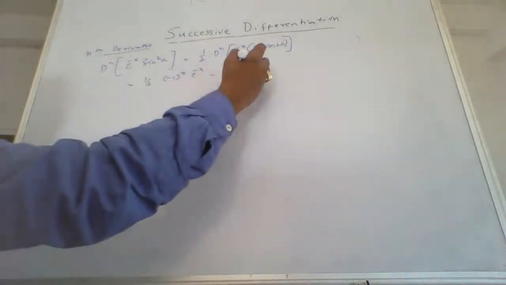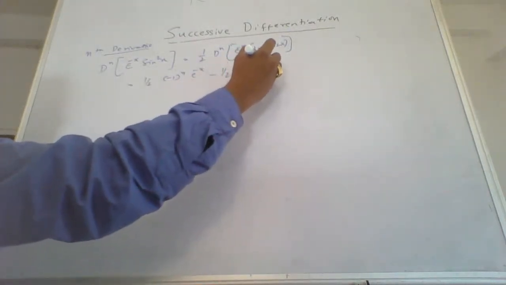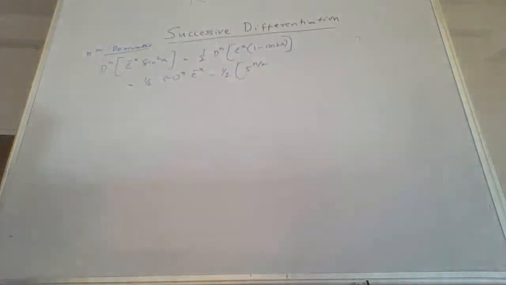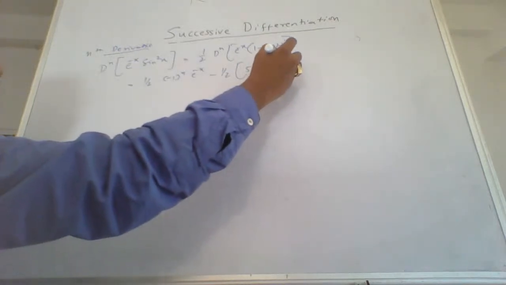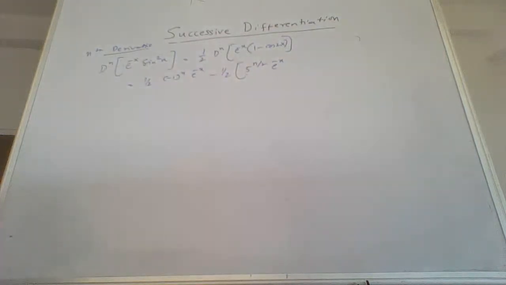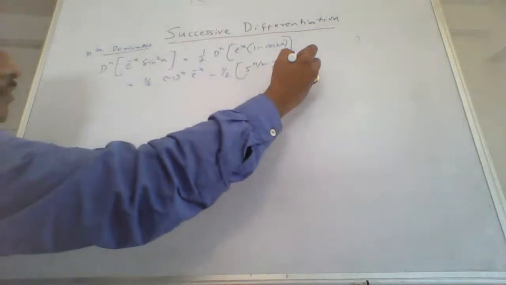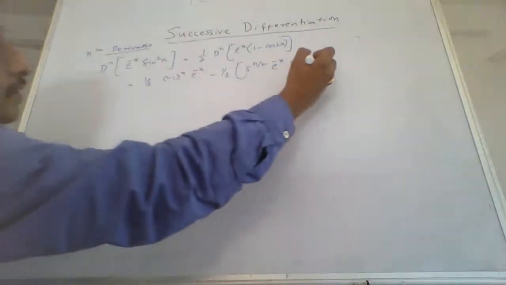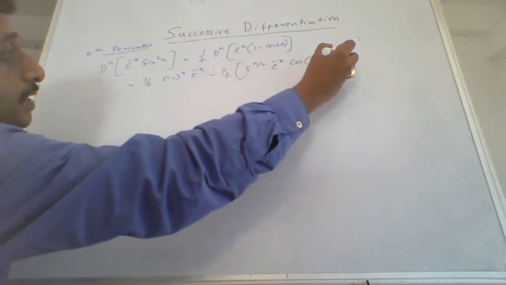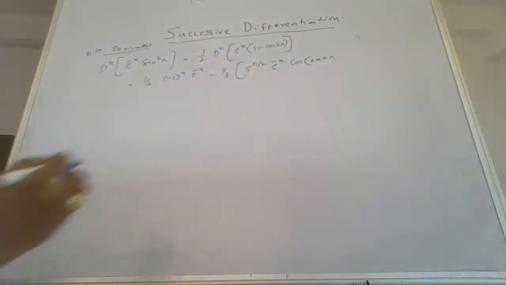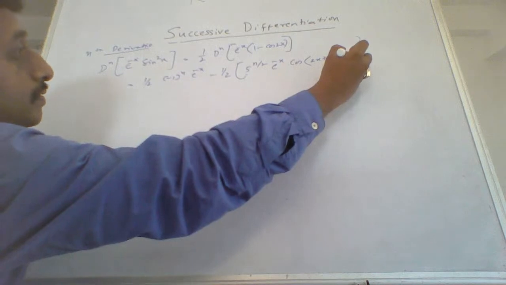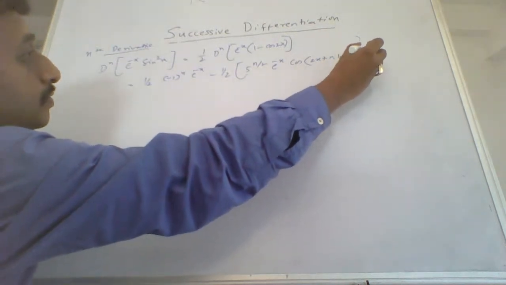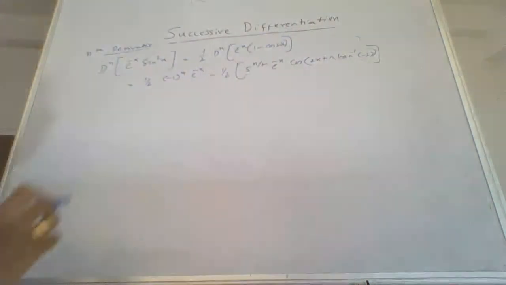I'll get 5 to the power of n by 2, e to the power of minus x outside, and cos of 2x plus n times tan inverse of minus 2. So this is the result which I get.